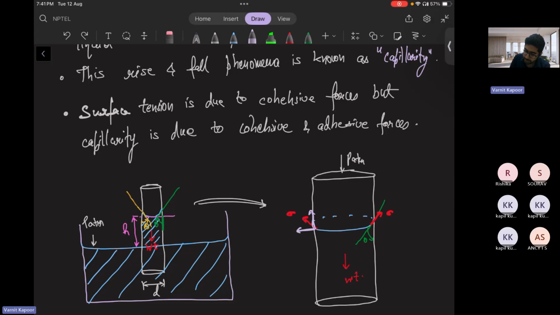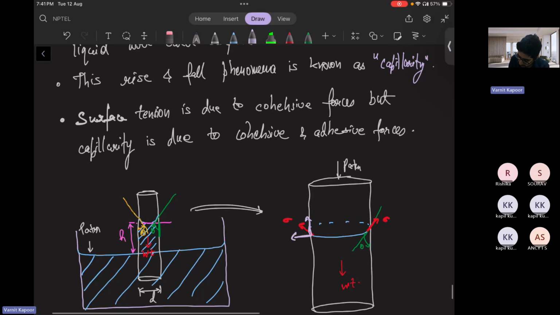So this will be sigma cos theta, and this is sigma sin theta. Similar will happen around the whole of the interface.